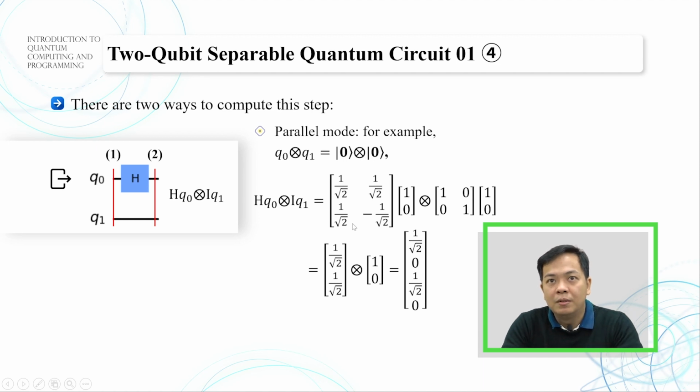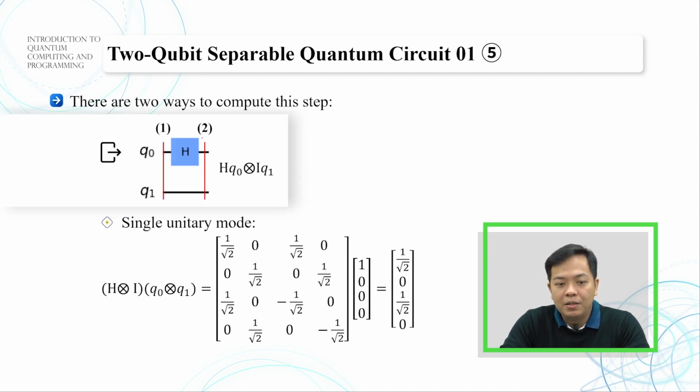If you see this computation, we can calculate these 2 matrices first, this one first and this one later, and then combine them. So here is the result for the first part, this is the result for the second part, and this is the result after computing the tensor product for the state vector.